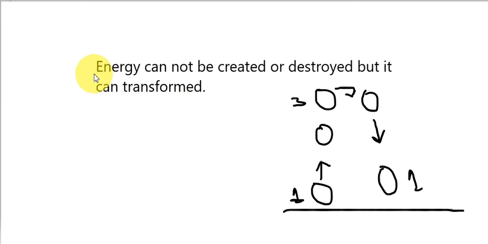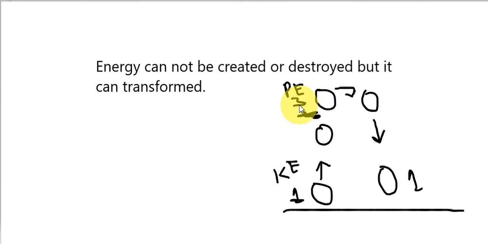So when we look at the statement of the first law of thermodynamics, that energy cannot be destroyed, this kinetic energy must have been transformed. So this kinetic energy at point 3 has been transformed into potential energy.